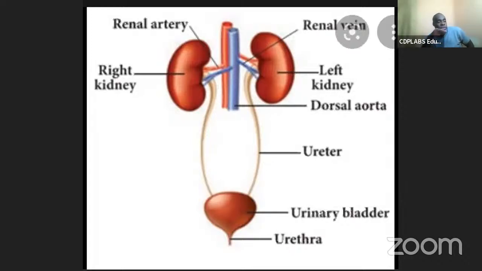Lower part of the body. Good. So again, the vein is carrying out its function. It's carrying back blood from the kidney to the vena cava. Make sense? You know the function now.